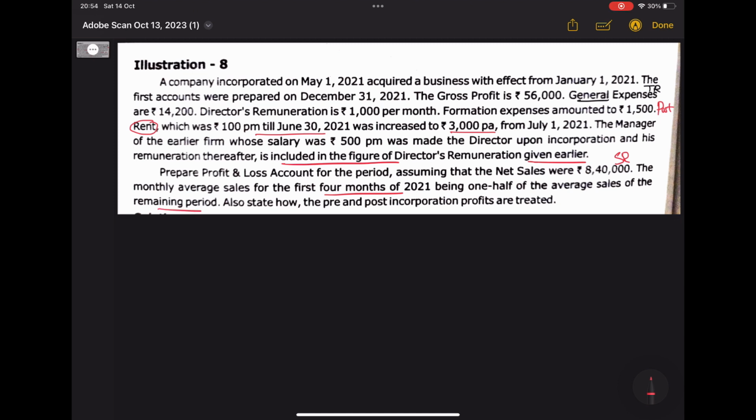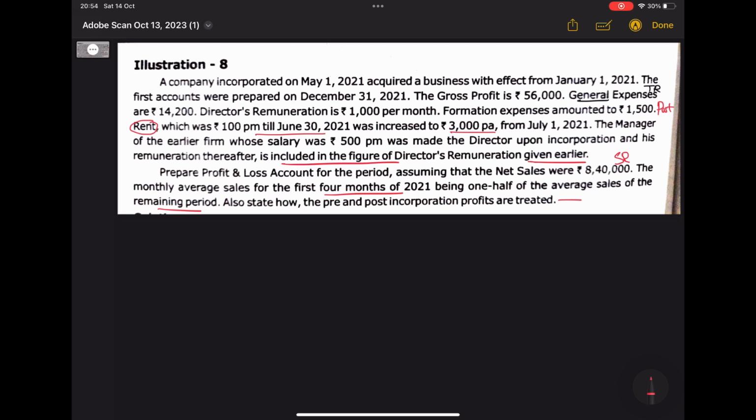Also state how the pre and post incorporation profits are treated, which means where we are going to transfer the profit that we have to calculate. So this is the question.